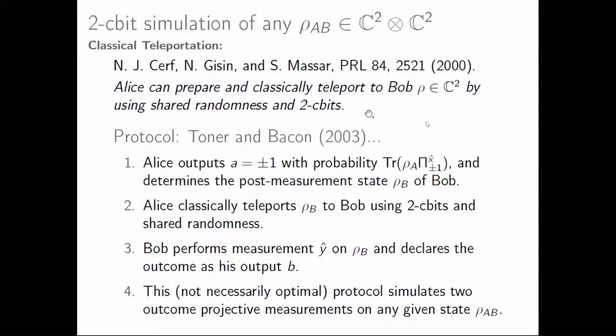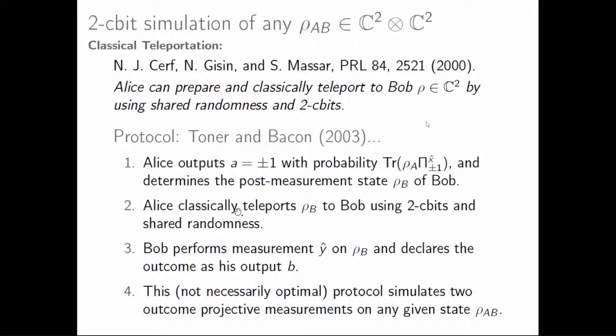Here they used a slightly modified protocol by Cerf, Gisin, and Massar, where they showed that Alice can prepare and classically teleport to Bob a state rho belonging to C2 by using shared randomness and 2 C bits. So in this case also, they give a protocol for this simulation.